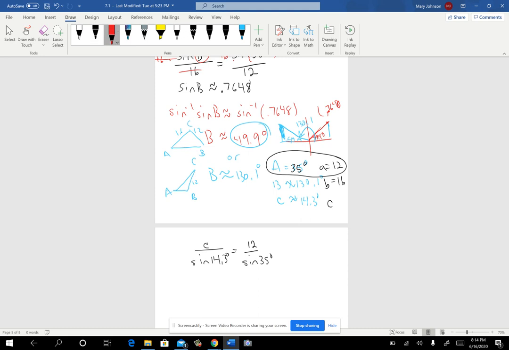And I'm going to work that out. So I'm going to multiply both sides by the sine of 14.3. Okay. And I'll find out that little c is about 5.2 if I round to the nearest tenth.